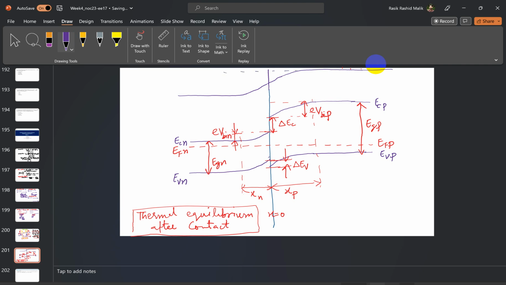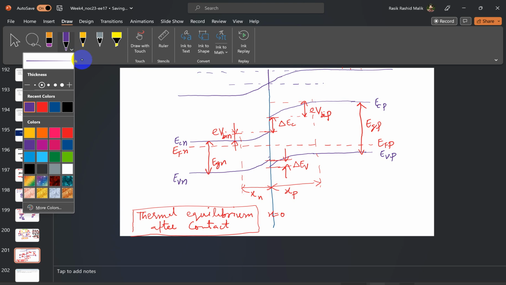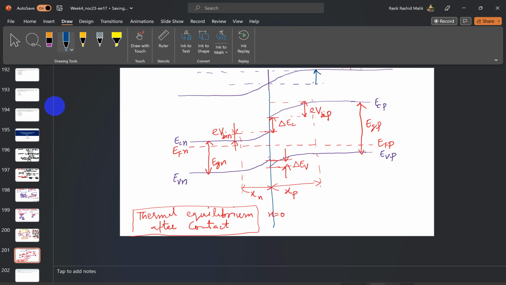The bending in the vacuum level is the sum of two bendings at the interface. So this is equivalent to the bending corresponding to the barrier potential developed on the P side, and this is corresponding to the barrier potential developed on the N side, and the sum of the two barrier potentials will be the overall barrier potential that we might be required to calculate in the questions.